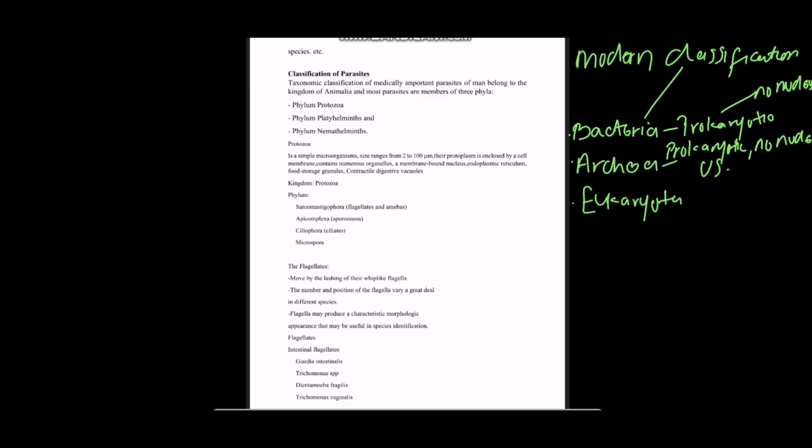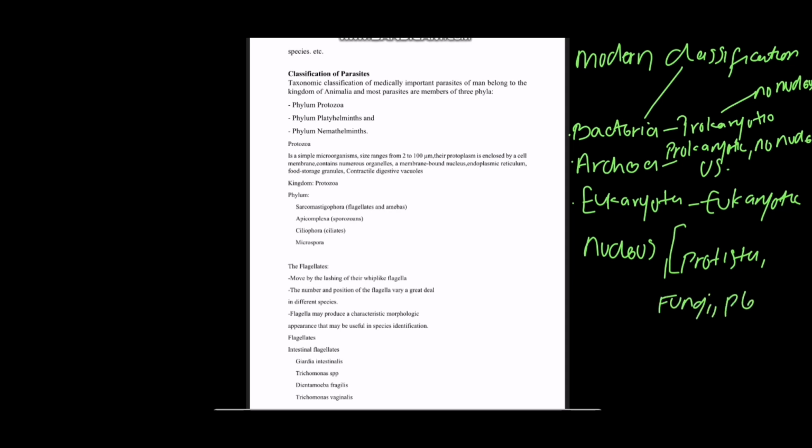The eukaryota are eukaryotic, they have a nucleus. Examples include the Protista, the fungi, the plants and animals.